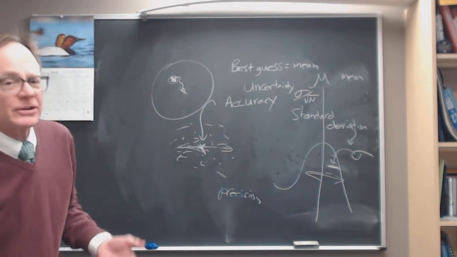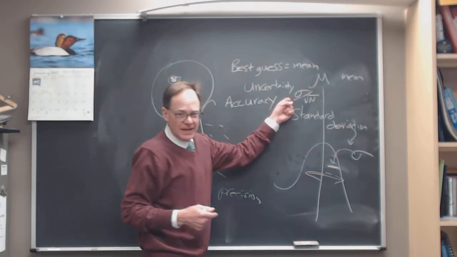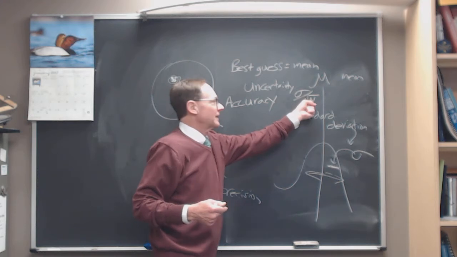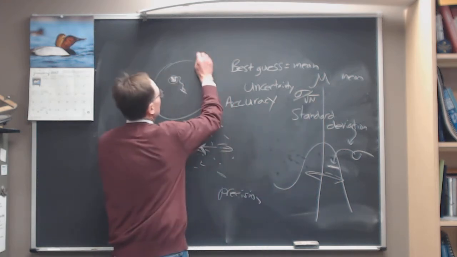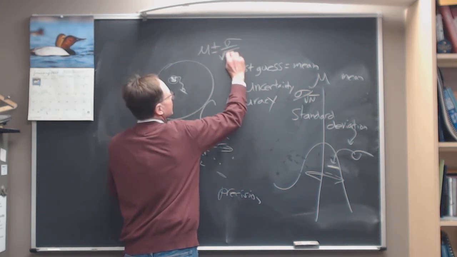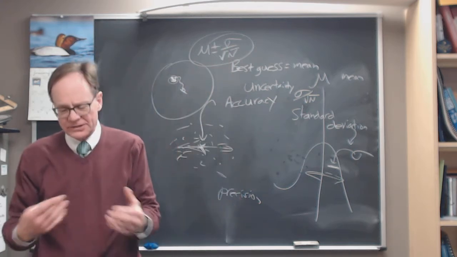So if we measure 25 resistors, we take the spread, the standard deviation of those 25 measurements, and divide by the square root of 25, and that's going to give us our uncertainty in the mean. We're going to go mean plus or minus sigma over the square root of n. Now, that is a one standard deviation uncertainty.